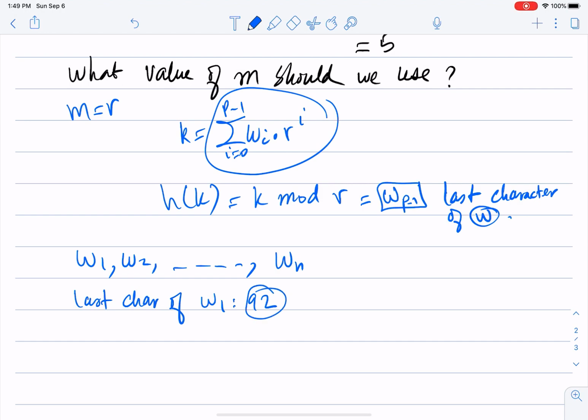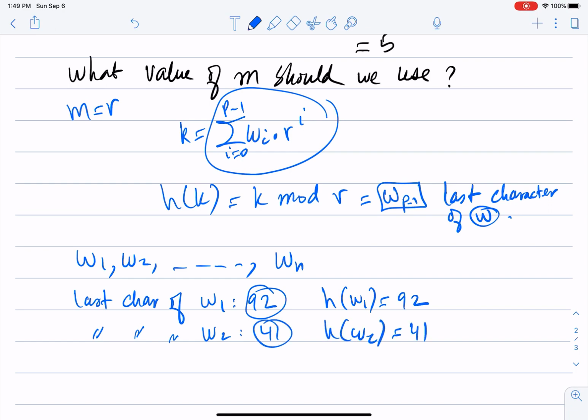Then h of W1 is going to be 92. And suppose the last character of W2 is 41. Then h of W2 is 41. So the only thing we do is, you give me a string, I take the last letter in it, and I say this is your key, or the slot into which it's going to hash.